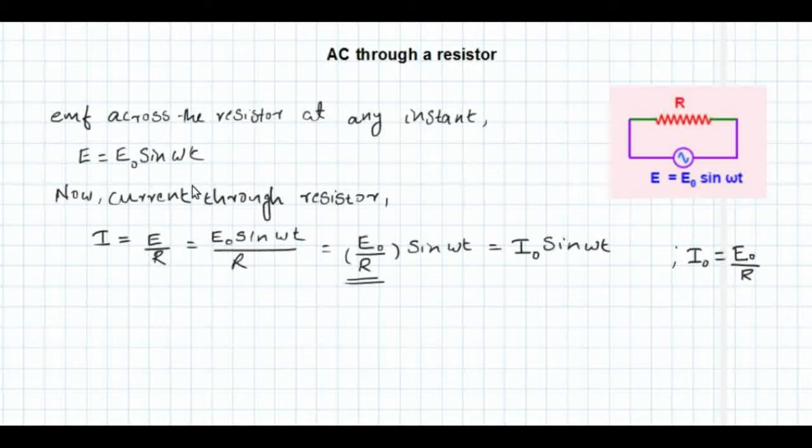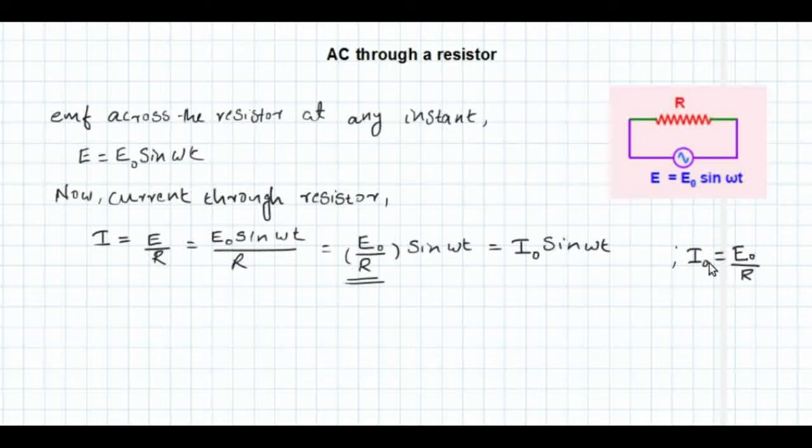In the last class, we have drawn the graph showing the variation of E with omega t, and we have seen that it will become maximum with plus E0 and minimum with minus E0. So E0 represents the maximum value either on the positive side or on the negative side.